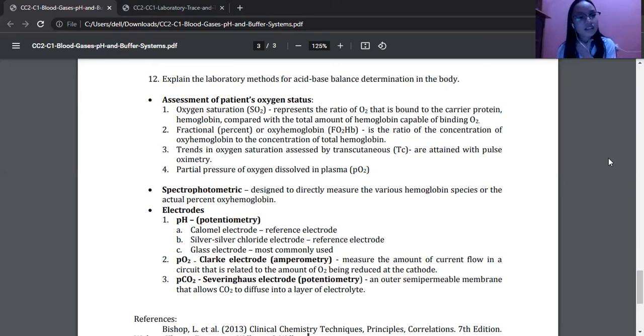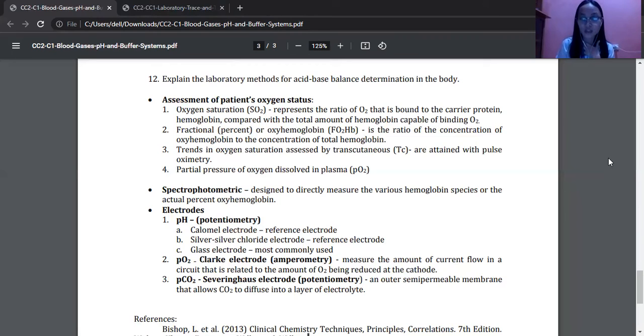And the next is spectrophotometry, which usually determines the actual percent of the oxyhemoglobin, or determines the oxygen saturation. And then we have the electrodes, or these are the blood gas analyzers.